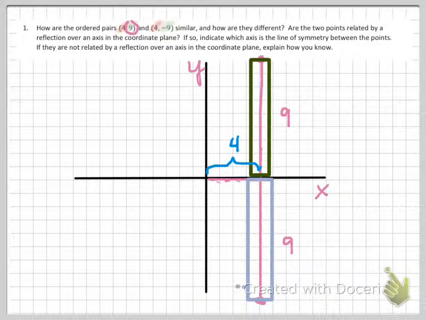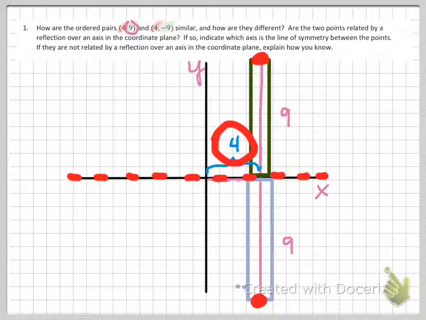So the axis of symmetry is this x-axis. We have points 9 spaces above and 9 spaces below, and they're both the exact same 4 spaces to the right of the y-axis. So that is a reflection, and so the line of symmetry is the x-axis.